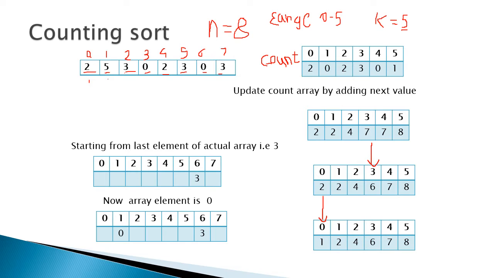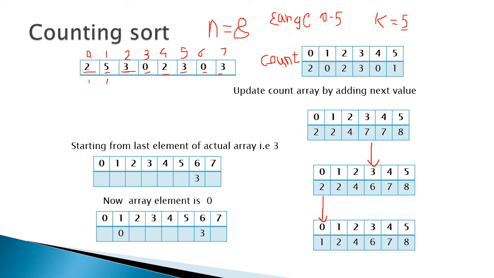Then next is 5, which occurs 1 time, so in index 5 write 1. After that the next element is 3. Count the frequency of 3, which is 3, then go to index 3 and write 3 there. Like this we have to count the frequency of all the elements.